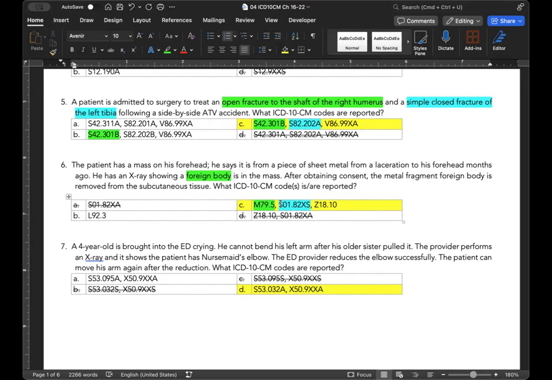But in this case, since we're not treating the laceration, we're not treating the injury, that's why the M79 for the foreign body is being coded first, because that was the reason for the visit, not the laceration. The foreign body is the reason for the visit. Okay, gotcha. Good question.